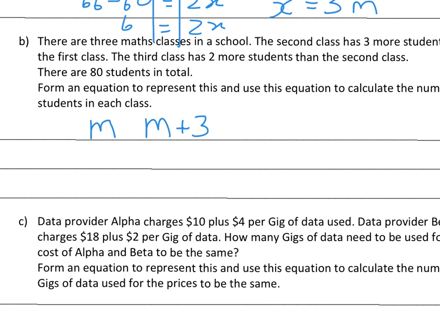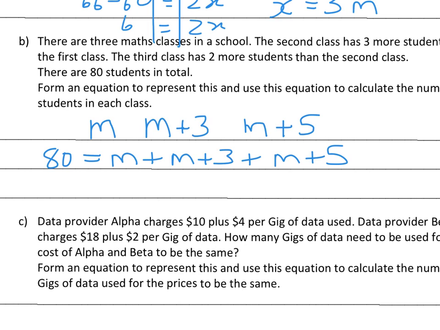And the third class has 2 more than the second, so that would be M plus 5 students. And we know there are 80 students in total, so 80 equals M plus, if we add all these classes together, and we can simplify it. 80 equals 3m, we've got 3 m's there, plus 8.